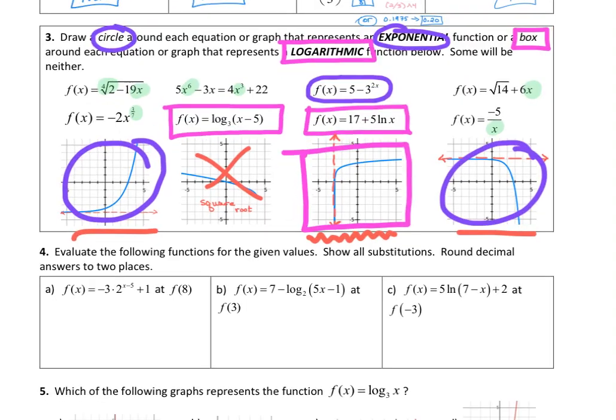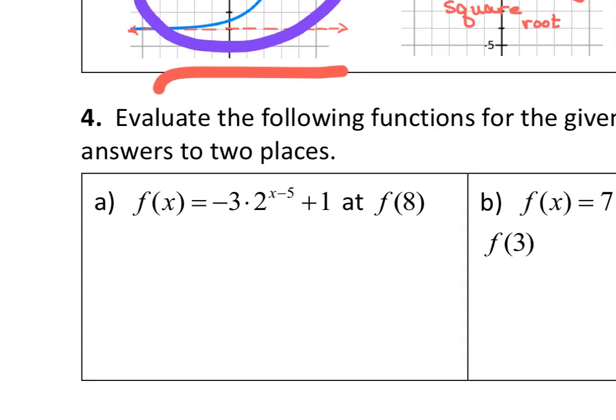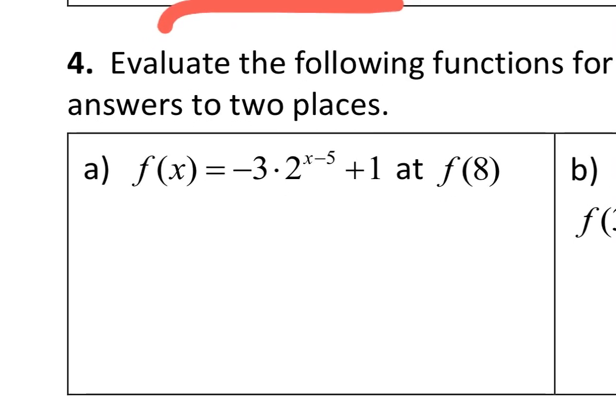Now, for this next section, you're evaluating these functions, and note that the directions say show all substitutions. And so before you start typing anything into your calculator, what we're going to want you to do here is rewrite. So the function that you're given is this thing, and you're evaluating it at f of 8.